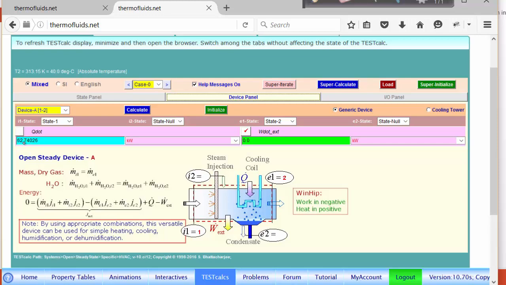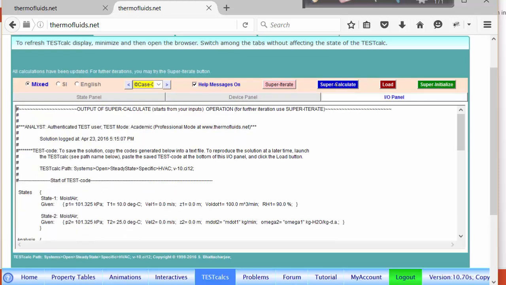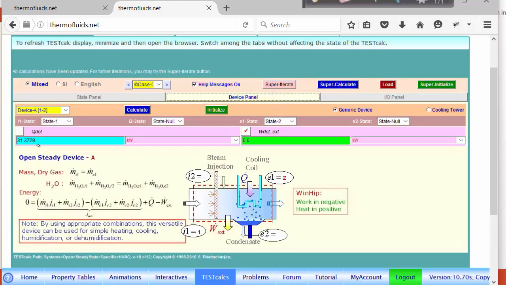So if you just click the calculate button, we can come up with the answer, and you see it's exactly half of what we calculated. So our intuition is correct that, when we heat air, if you double the temperature rise, the requirement for power, heating power, will also double.